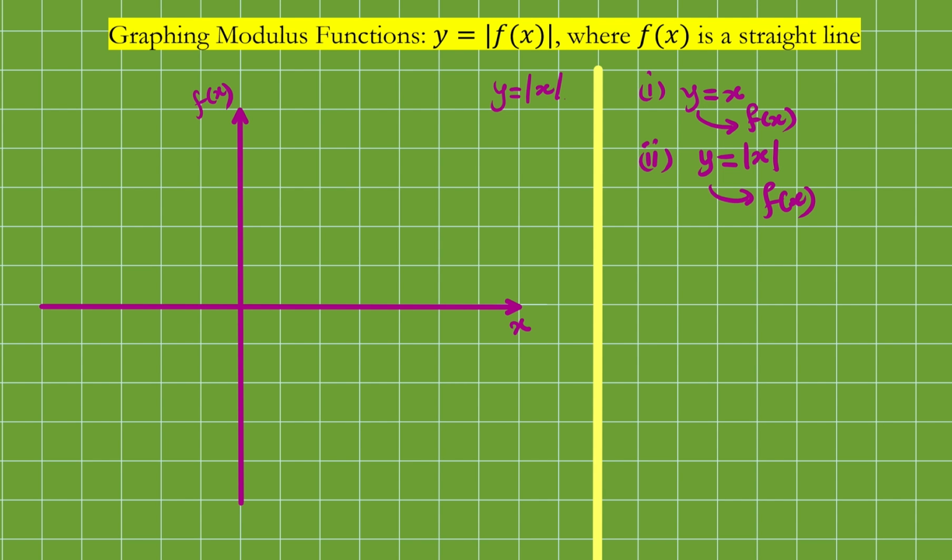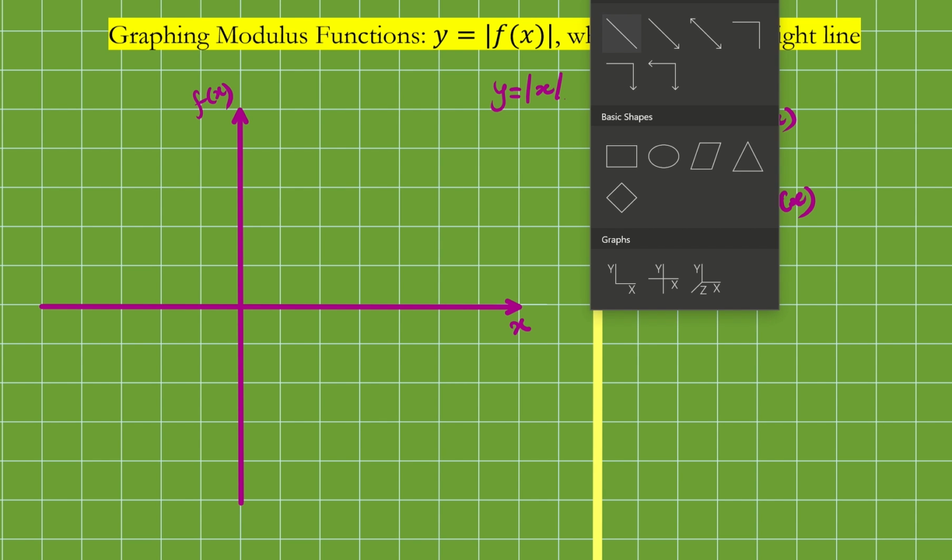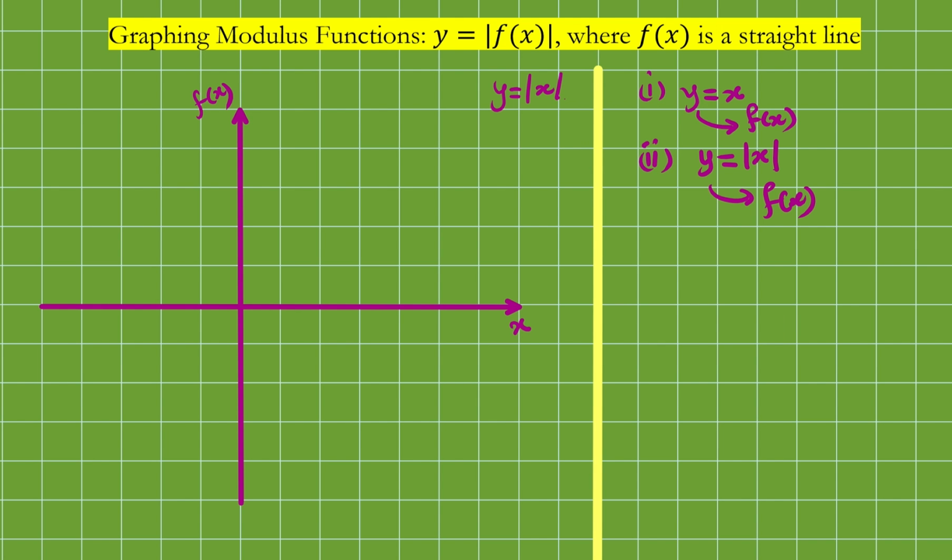y equals x is the line that passes through the middle here. Let me just mark those points. It passes through here, here, here, here, and then goes downwards that way. That is y equals x. How do I know? Well, because y is x.